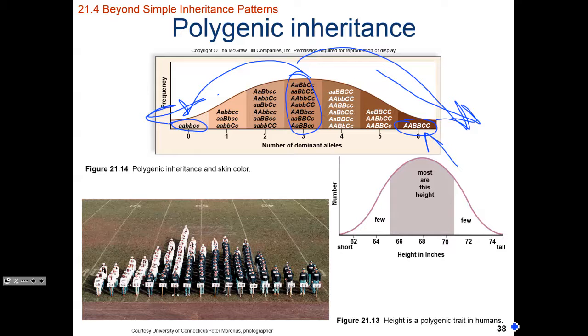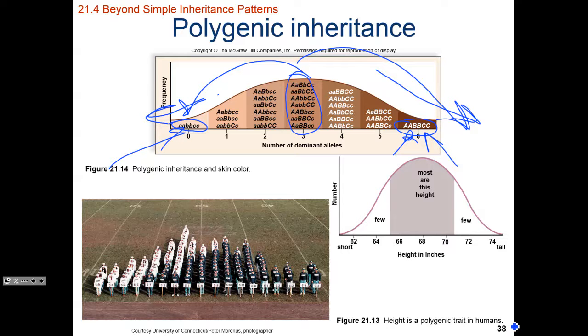Because each parent would only have dominant alleles to pass on, the child can only receive dominant alleles and therefore would have the dark skin. Conversely, if 2 extremely fair-skinned parents reproduced, those 2 parents would have all recessive alleles for all 3 genes and could only pass on recessive alleles to their children, and their children could only have fair skin.